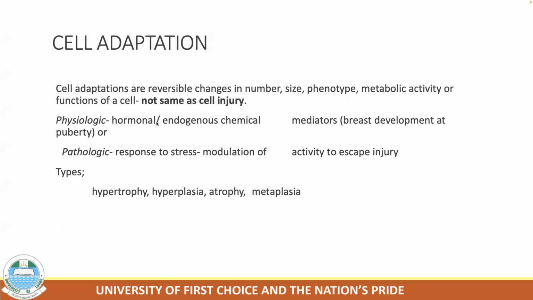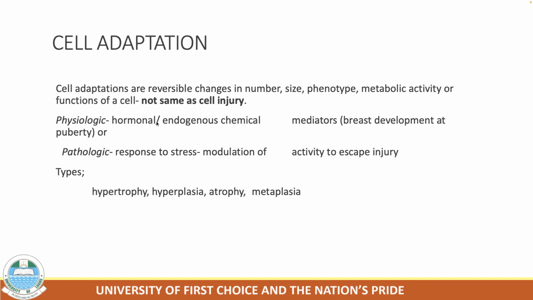And these endogenous chemical mediators would lead to breast development, the growth of pubic hair, deepening of the voice in males, and of course, other phenotypic changes that happen at adolescence.